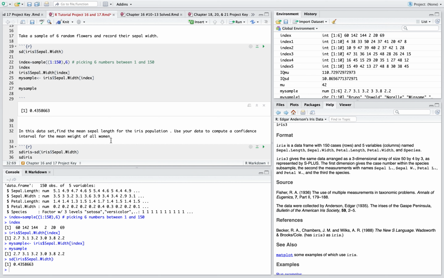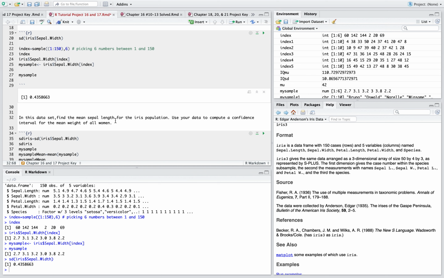And I'm going to use my data to compute a confidence interval for the mean sepal length of all irises. Oh, sorry, sepal width. I used sepal width. So sepal width of all irises.